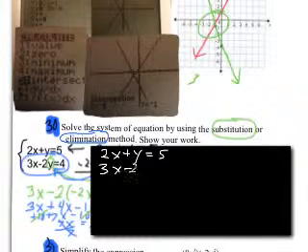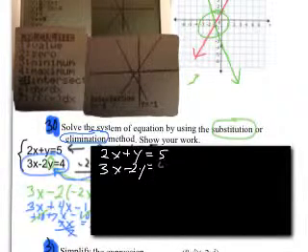Now we'll use the elimination method. Elimination, we're going to eliminate one of the variables by adding the two equations together, right on top of each other. So we'll copy them. 2x plus y equals 5. And we have 3x minus 2y equals 4.